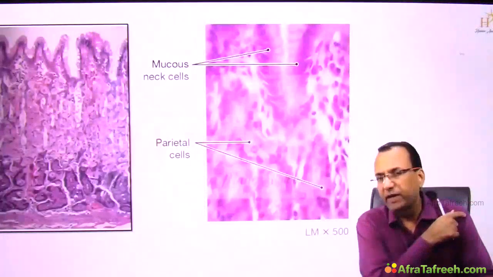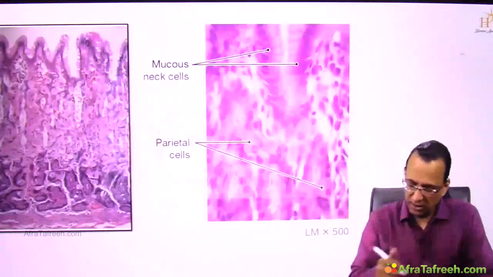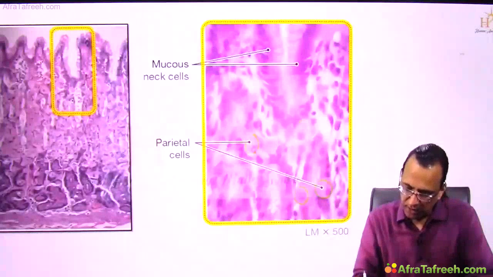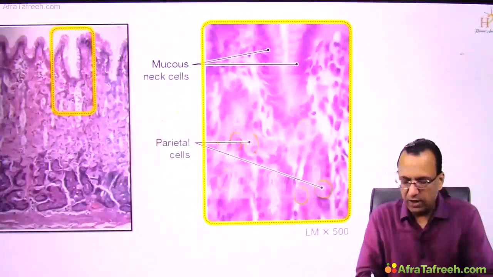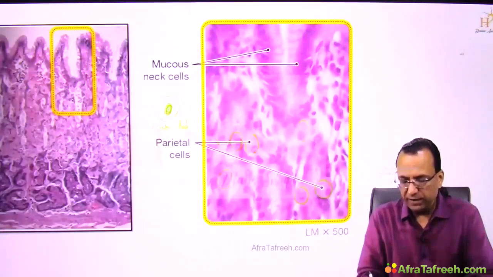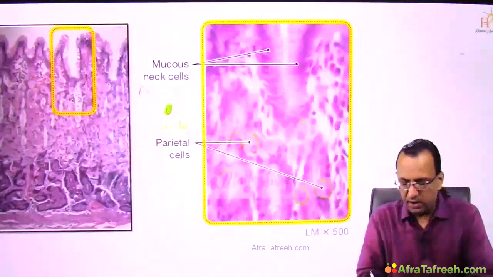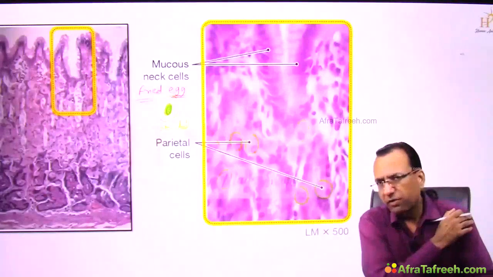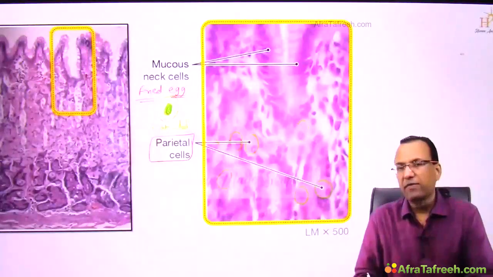How do you know they are parietal cells? First of all, they are in the upper half of the gland, and number two, they are actually pink color. And not only are they pink, you have to understand they are actually cuboidal cells, and they have a central spherical nucleus. It appears like a fried egg appearance. So first of all, parietal cells are in the upper half of the gland.